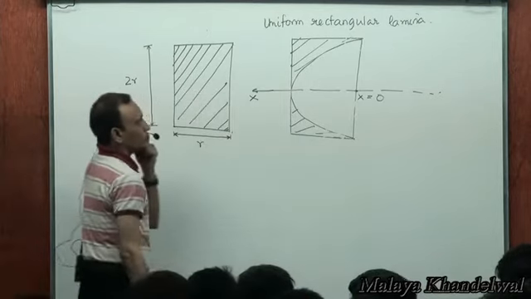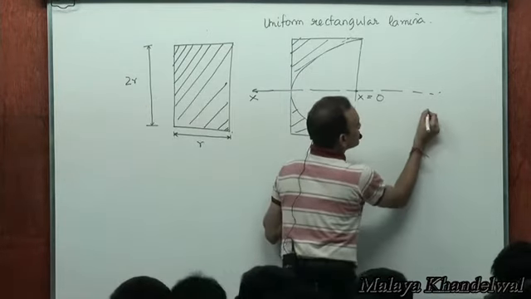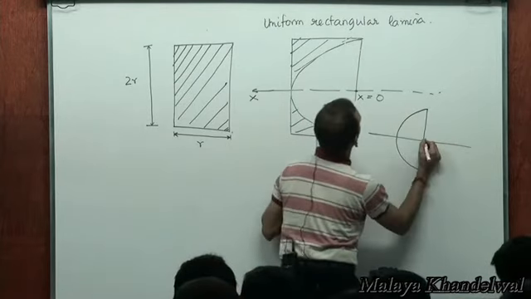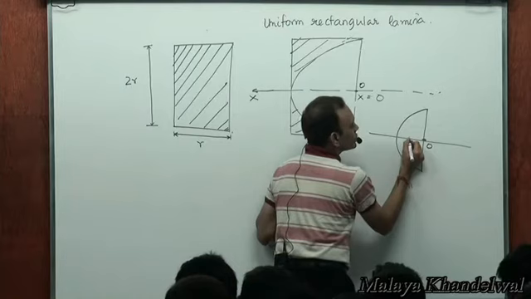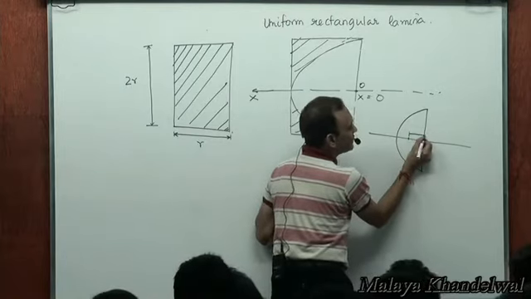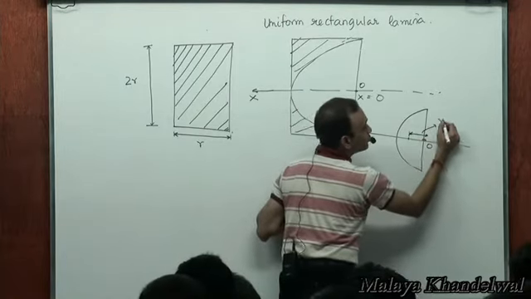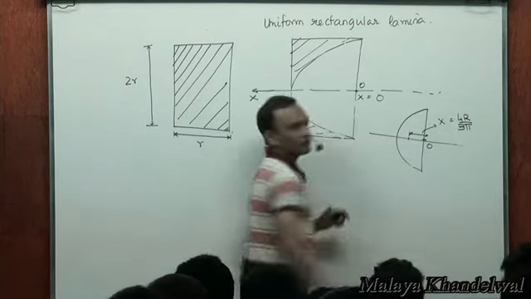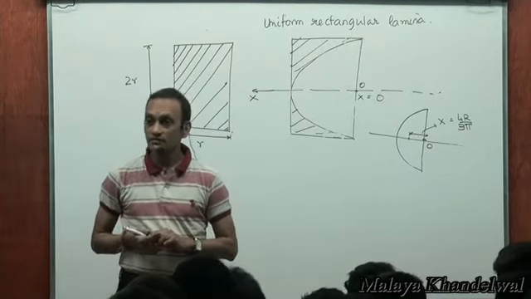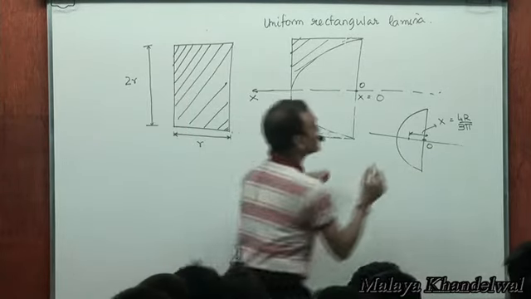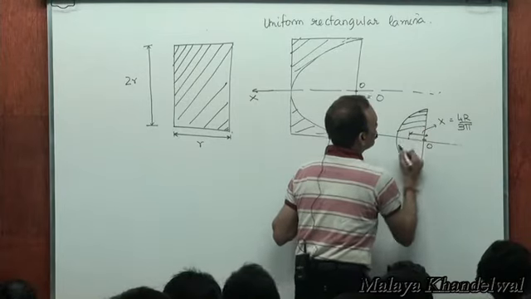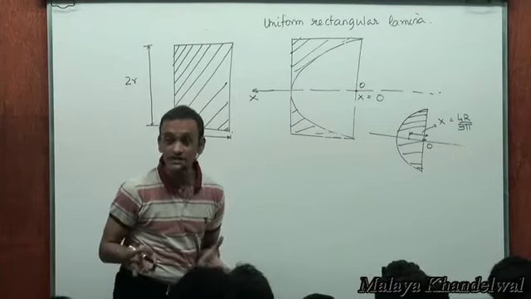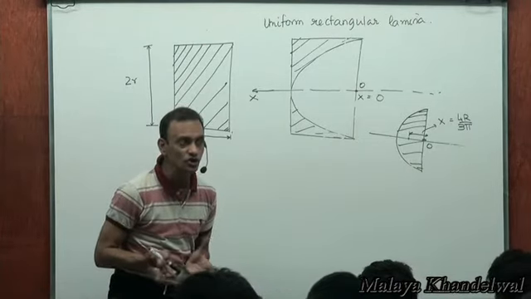Now, as far as the semicircular disk is concerned, this was O. The center of mass of this was lying where? At x equal to 4r by 3 pi for a semicircular disk. That's the x coordinate of the center of mass of the semicircular disk that you have removed. 4r by 3 pi. Yes or no?